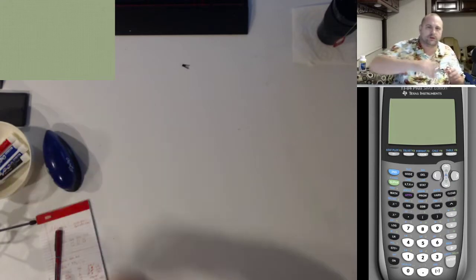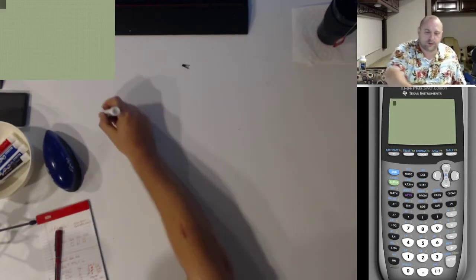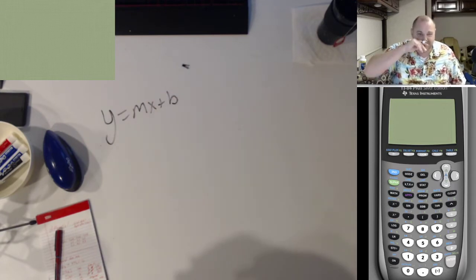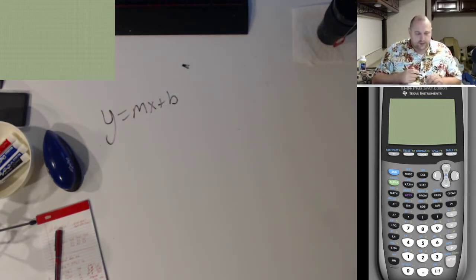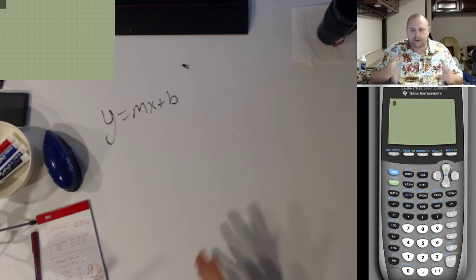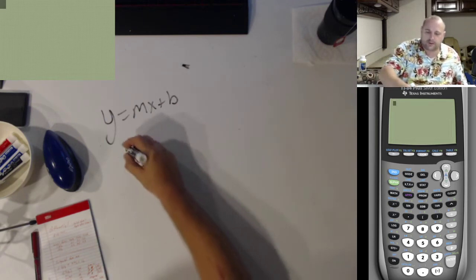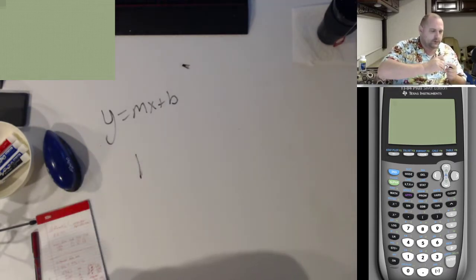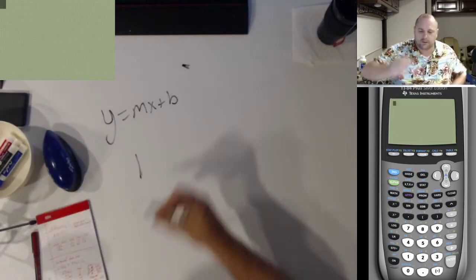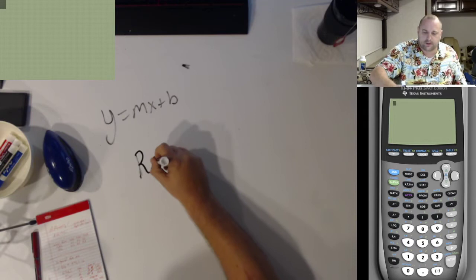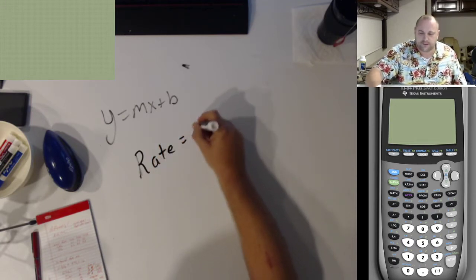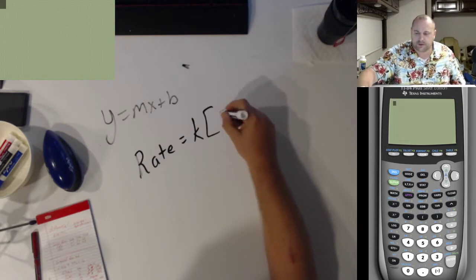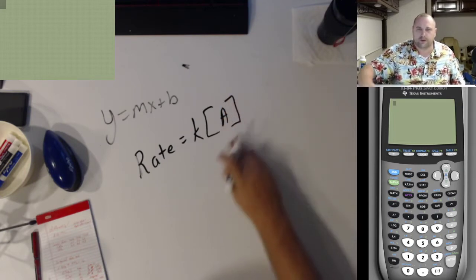So I want to just refresh our memory here of this y equals mx plus b. And so we're going to be playing with this a lot. And we also talked about the fact that the rate is some rate constant times the concentration of whatever we're looking at.